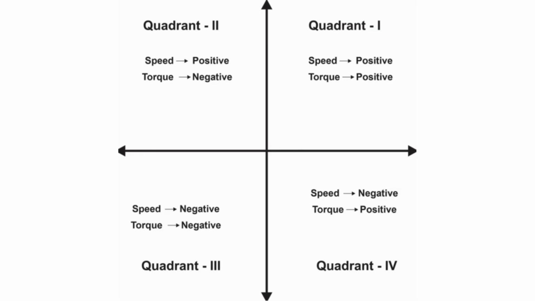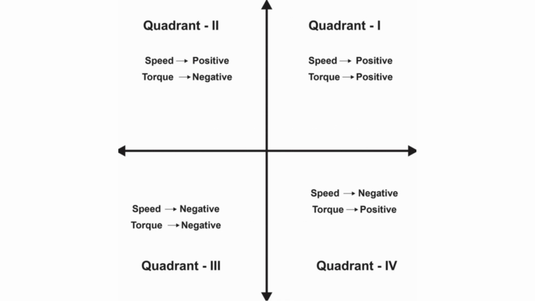If we see the graphical representation of each quadrant, then we can say that a two-axis graph is plotted where the horizontal axis represents speed and the vertical axis represents torque.